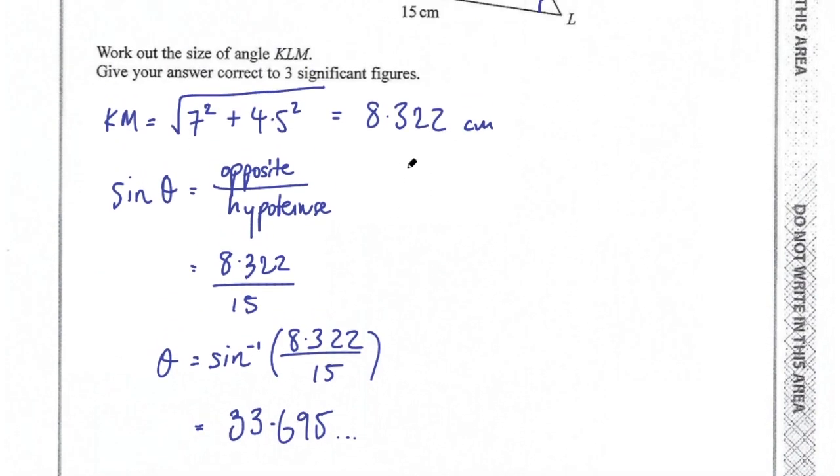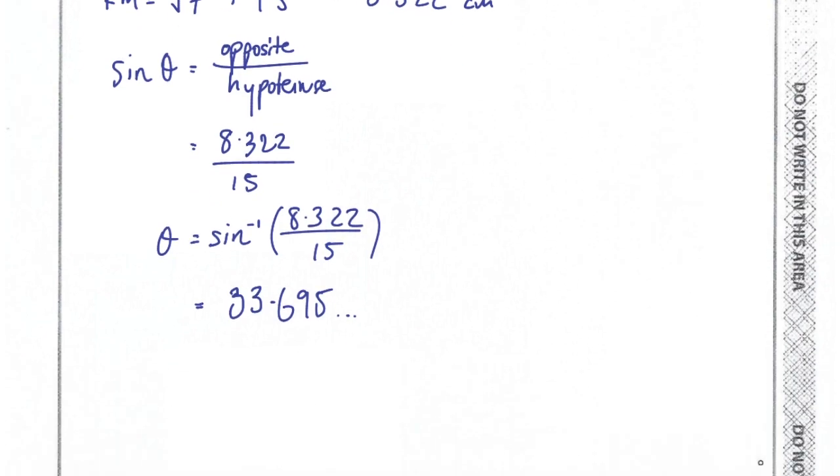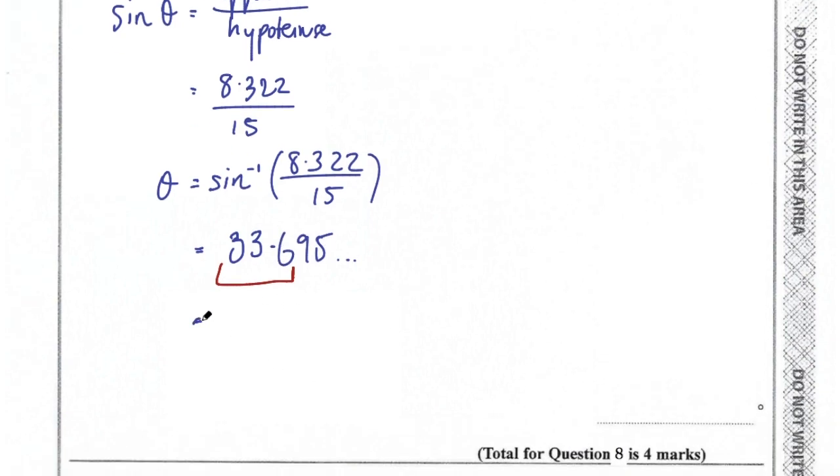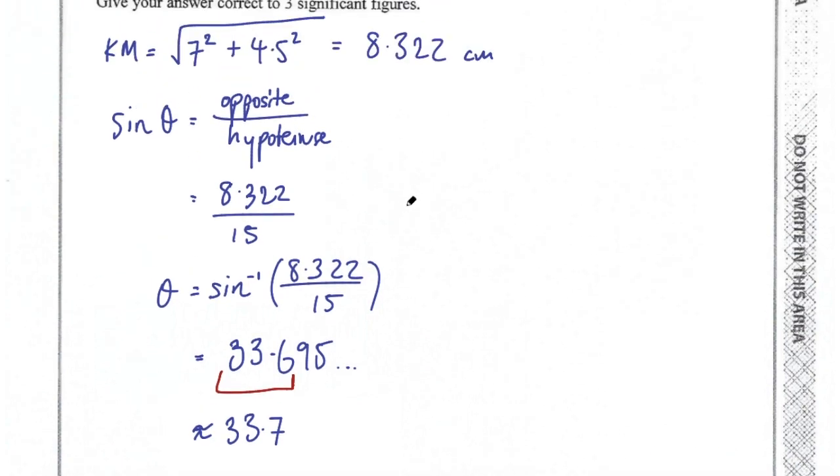And we need that to 3 significant figures. So these are the first 3 significant figures, and we need to round the 6 up because the next number is a 9. So this is going to be approximately 33.7 degrees. And that is question 8 for 4 marks.